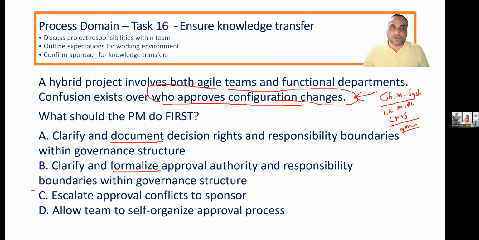C and D are surely out of league, but please tell me this. What is project manager authority? What can he or she do? They can document it or they can formalize something.